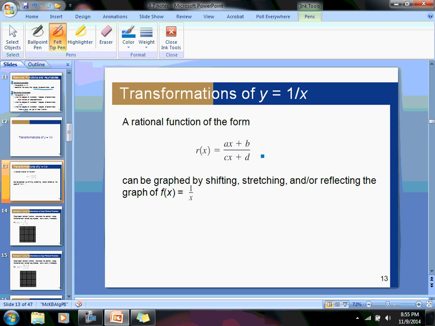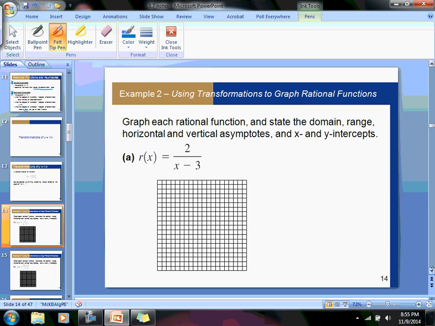But as we go through these functions and graph them, it's a little bit more systematic, I think, to write down your x and y intercepts, your horizontal and vertical asymptotes, and then your domain and your range. Once you draw in your horizontal and your vertical asymptotes, then you can test some points to see where the little swoopy parts of your graph are going to be graphed.